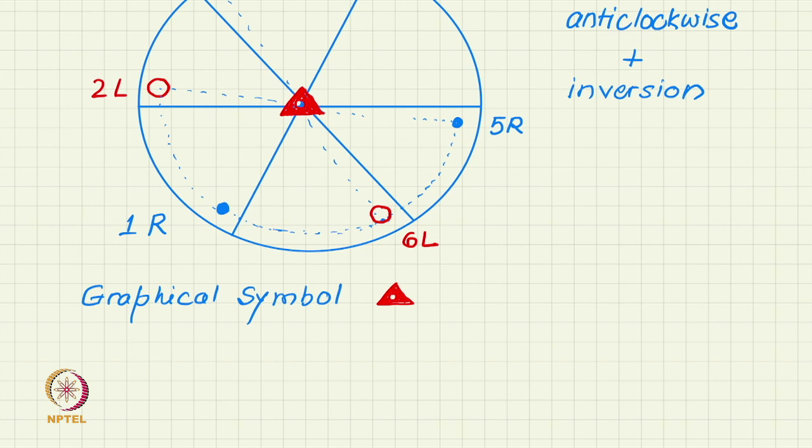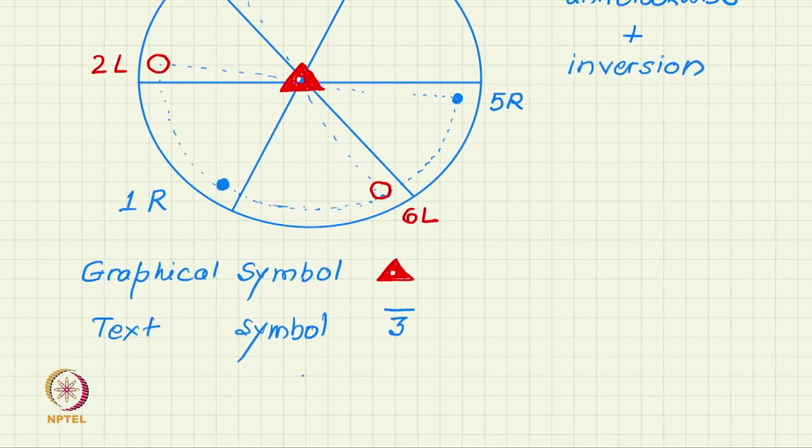It's like the graphical symbol, and we have a text symbol: 3 bar. And what I showed you, that 3 bar is nothing but a union, or a combination, of a threefold axis and a center of inversion, which I represent by 1 bar.